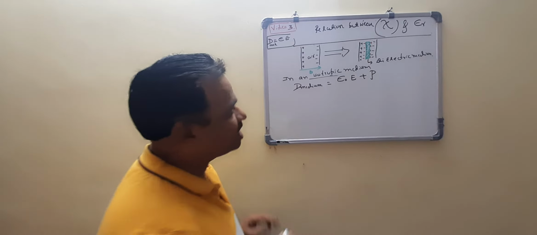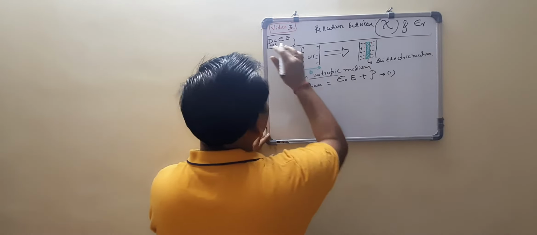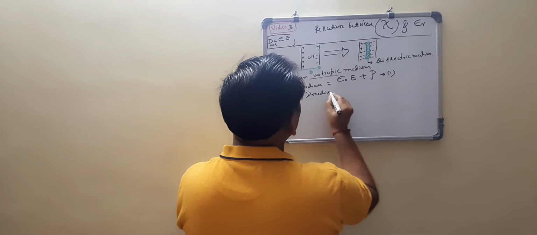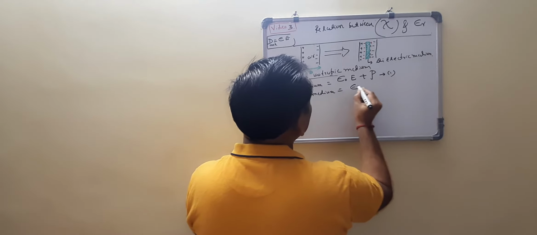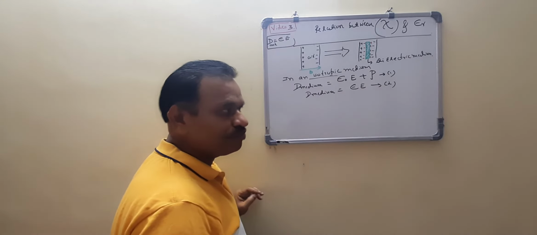But just now I told you this is equation number 1. And we know that D of medium equals epsilon into E. This is equation number 2.